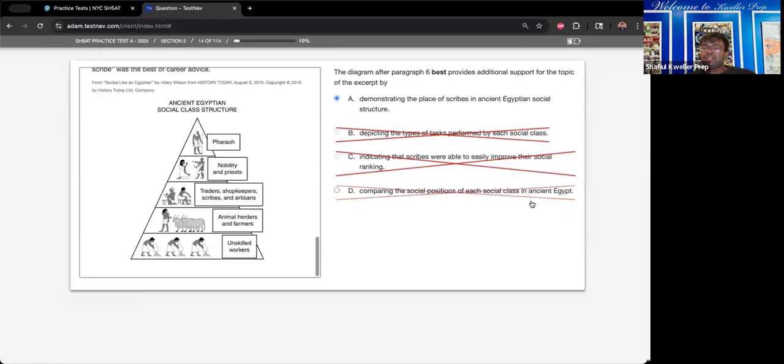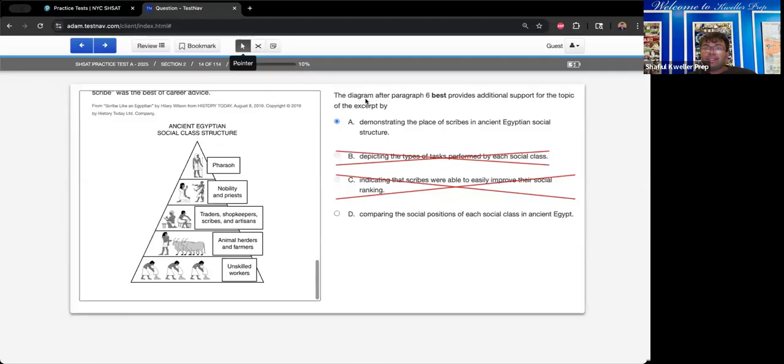D, comparing the social positions of each social class in ancient Egypt. Okay, so the reason why this is wrong is because this is the roles of scribes in society. It's not just a general comparison between each social class. It's just how scribes fit into this social class structure of Egyptian society. So these are saying two different things.